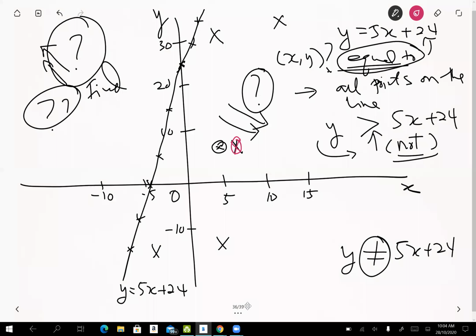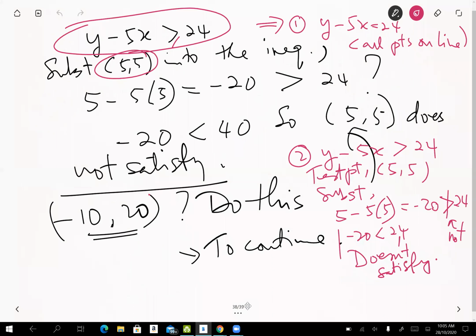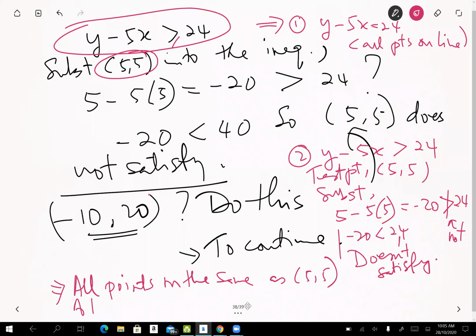So we already determined that if that point does not satisfy, our theory says all the points on the same side as (5, 5), off the line, will not satisfy.